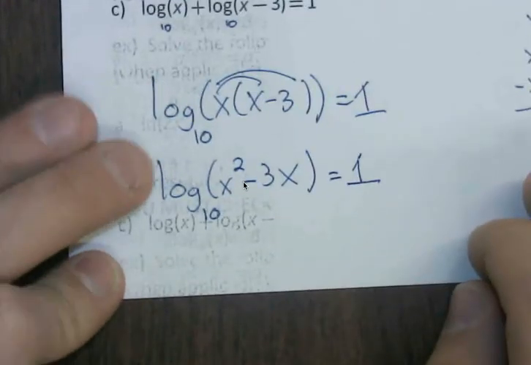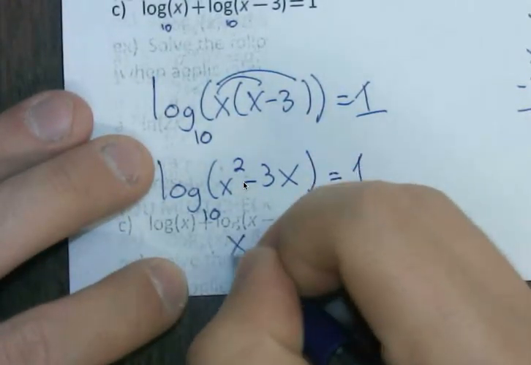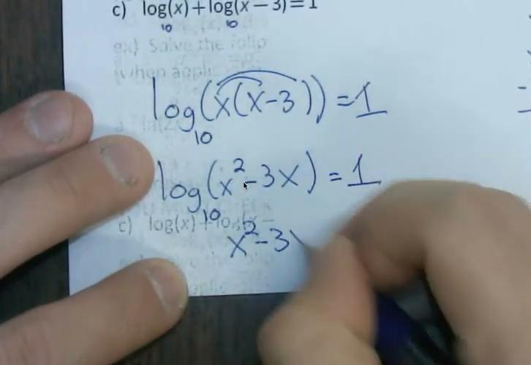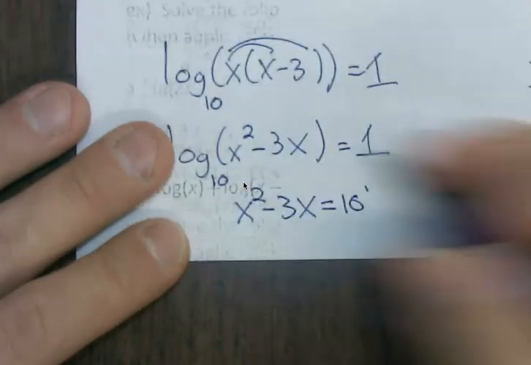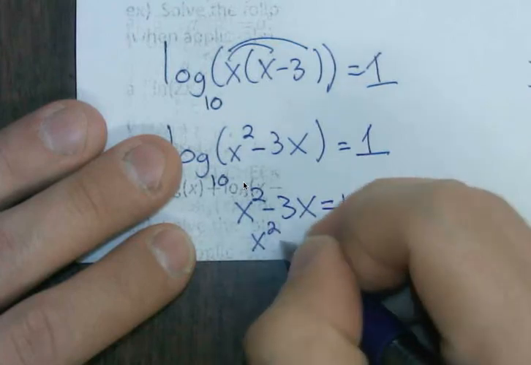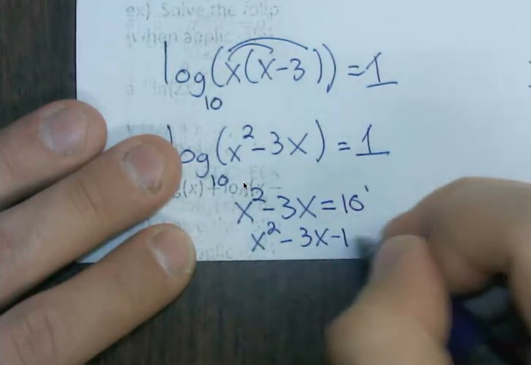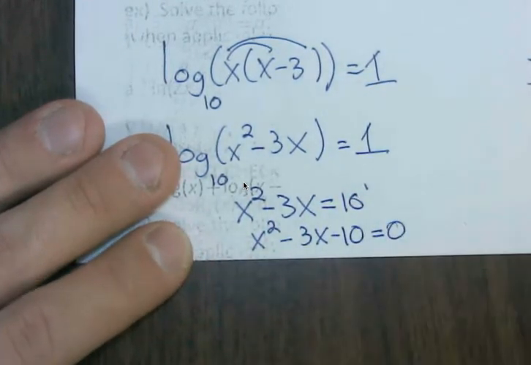If we now go to exponential form, because we can, this is going to claim x squared minus 3x equals 10 to the first power. So then x squared minus 3x minus 10 equals 0.